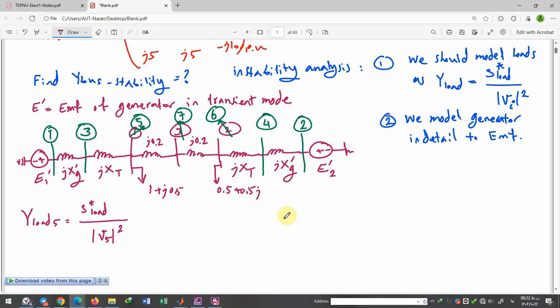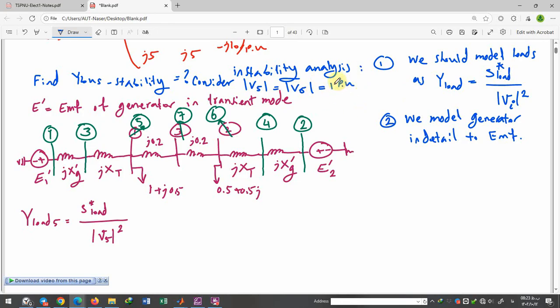The question says to consider the magnitudes of V5 and V6 equal to 1 per unit.